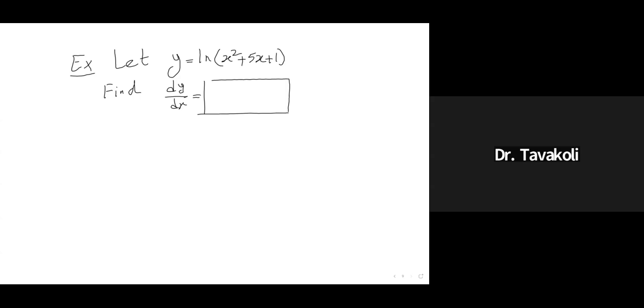Just as a reminder, we know from before that the derivative of ln of x is 1 over x. Or if instead of x, it's any other variable, like for instance u, the derivative of ln of u with respect to u is 1 over u. So we have this.